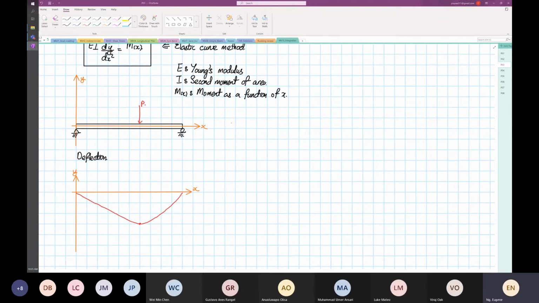Okay, so there's the deflection of the beam down here. Now, what we're trying to achieve is this.